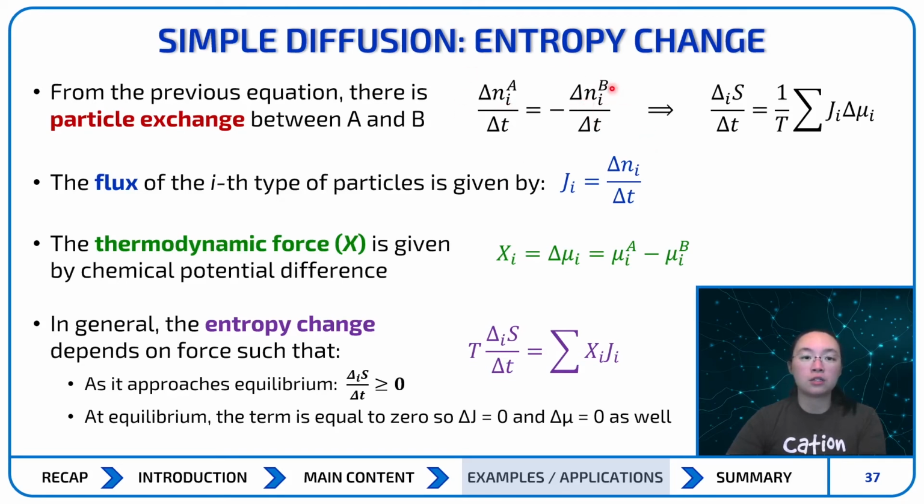And that change, we can consider the flux. So therefore, delta_i S divided by delta t is equal to 1 over T, and we have the sum of the fluxes of the diffusion of those molecules. So we say the flux of the ith type of particle is given by J equals delta N over delta t.